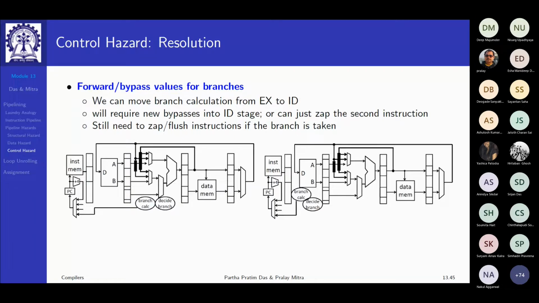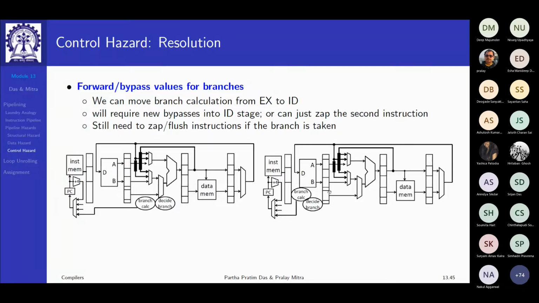Naturally, again, the concept of forwarding bypassing is also provided for the branches in many MIPS processors. So what you do is, instead of doing the branch calculation and decision in the execute stage, you pull it to the decode stage. So that decision will happen one cycle earlier. So the actual branching will happen during execution.